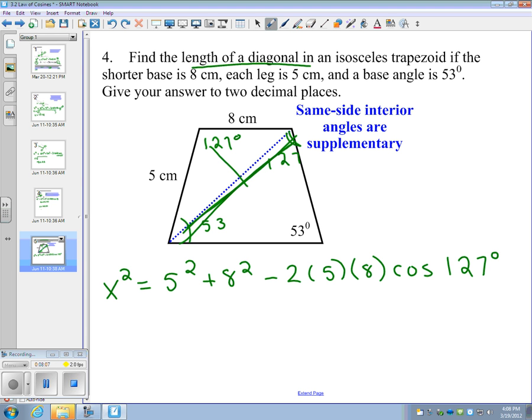Entering this all into our calculator and square rooting, you should get 11.71 centimeters. So again, print out these notes and double check you can do those calculations. If not, I'm more than happy to help you with your calculator.